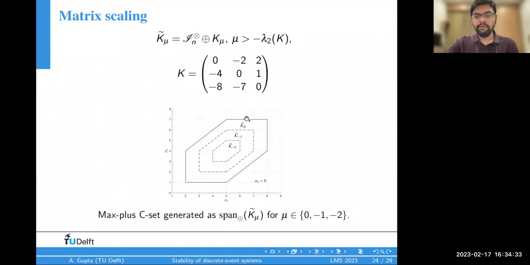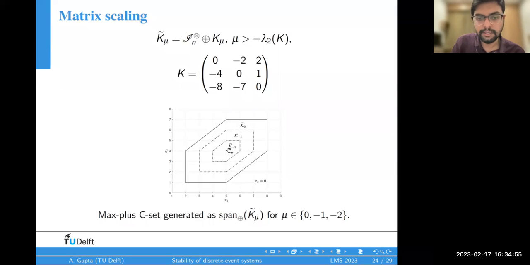So if everything in K0 is mapped to K minus 1, and then everything in K minus 1 is mapped to K minus 2, and I already know that K minus 2 is invariant, and the next contraction does not happen, then I can say that this set K minus 2 is attractive.